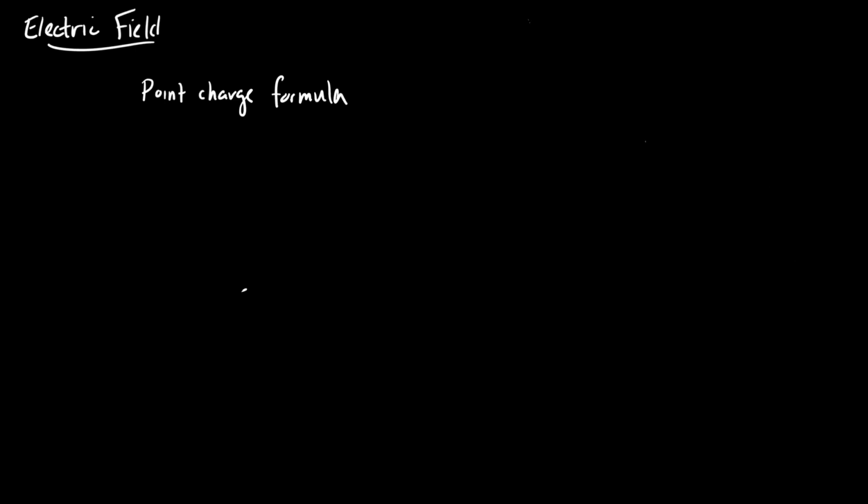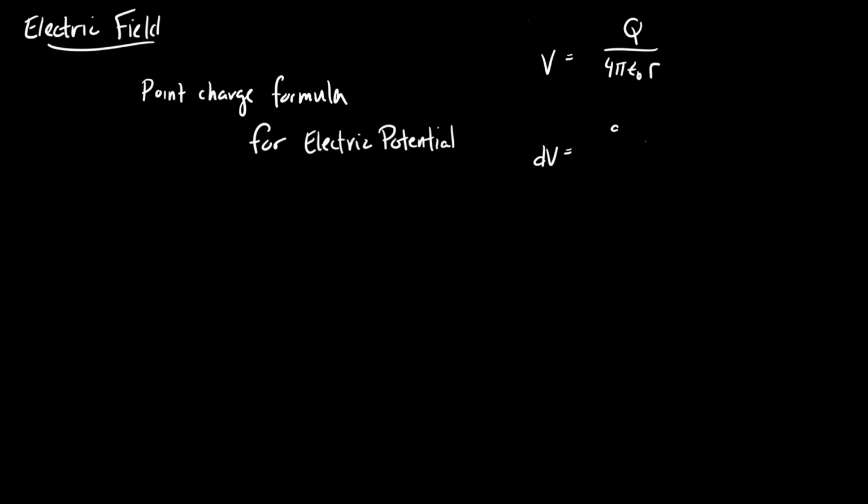We can use the point charge formula for the electric potential. Why would I want to use that? Well, part of it is because the electric potential doesn't have a vector component. The electric potential is just a scalar value.